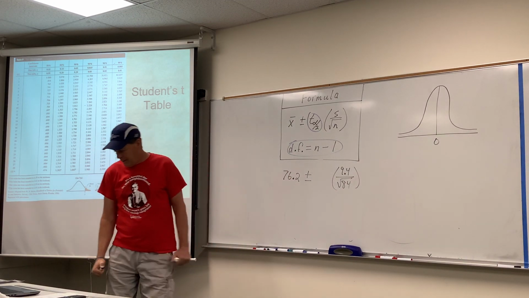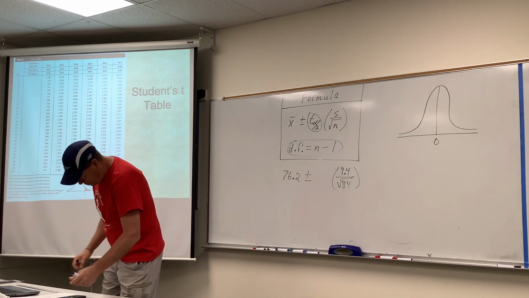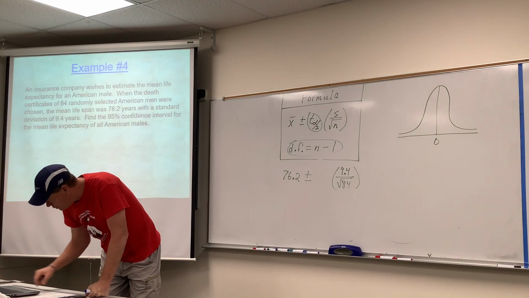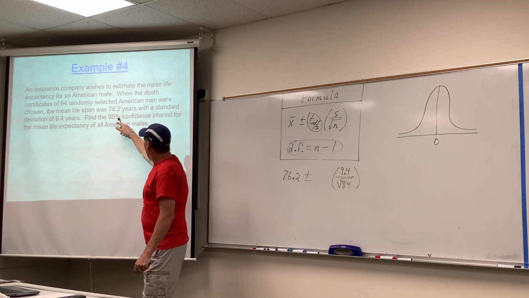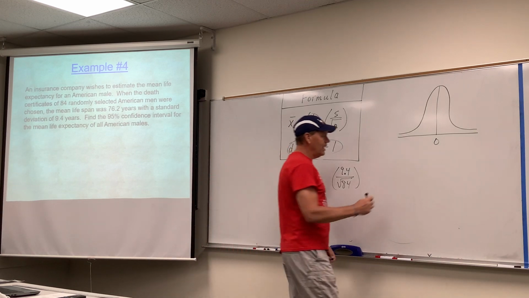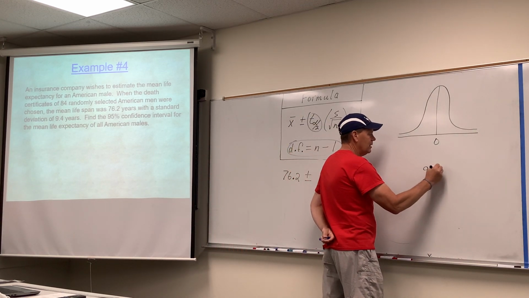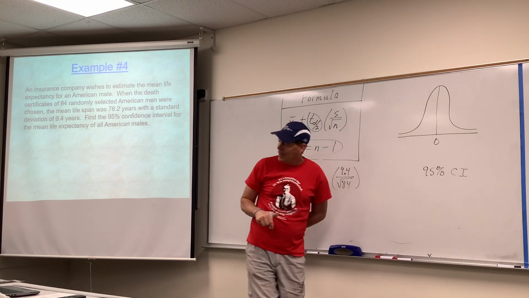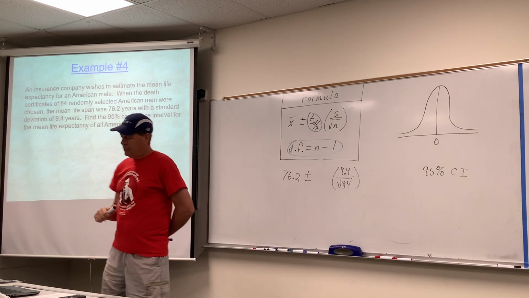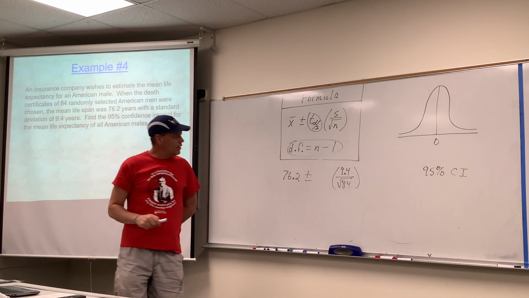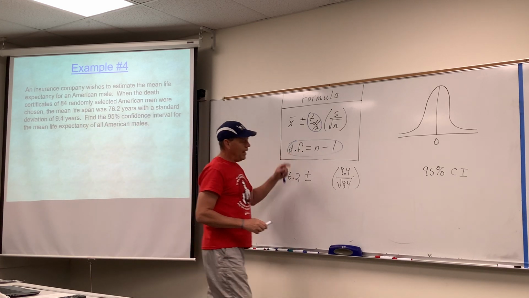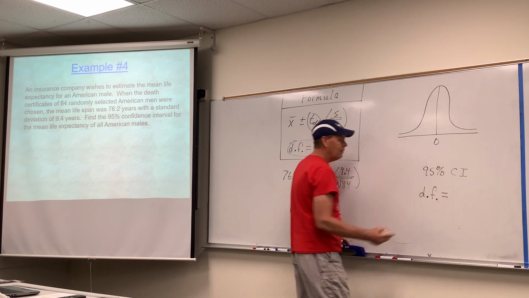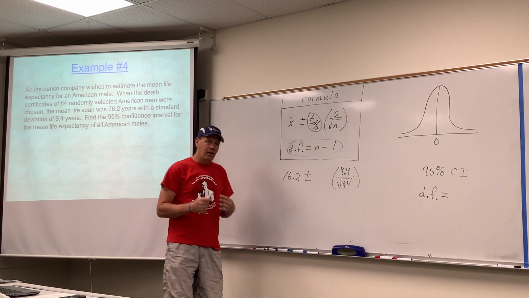So first of all, if we go back and read the question, it says that they want to use a 95% confidence. So I'm going to write that down. 95% confidence interval. We don't have to cut it in half this time. This table is actually easier to read. The other thing that you'll notice here is DF, an abbreviation for degrees of freedom.